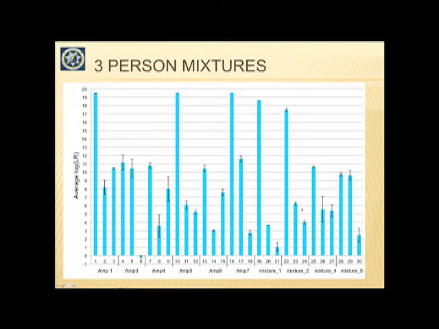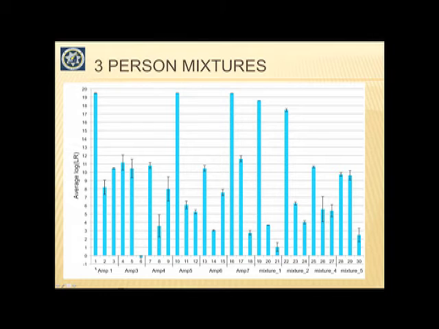So that brings me to the question of reproducibility. How reproducible is this process? Because I told you we were going to assess that. Well, let's take a look at these 3-person mixtures. What you're looking at is the log likelihood ratio plotted on the y-axis, and it's the average value. The n frequently is only 2, but for some of these it's higher.